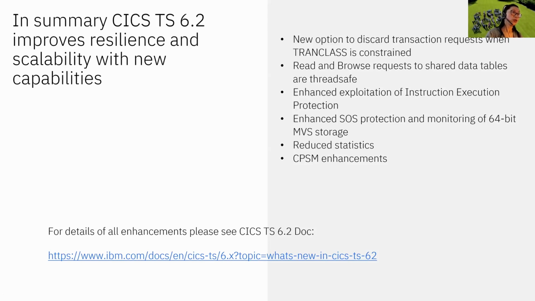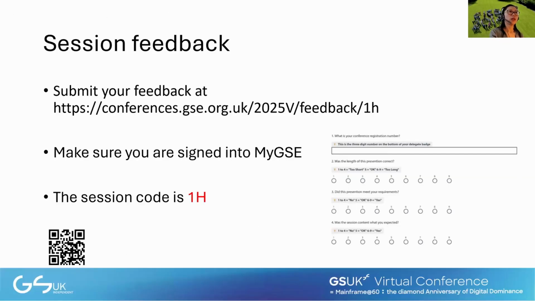In that link, you can also find what's new in the CICS open beta to see what's coming up. So that's all from this session. If you have any questions.